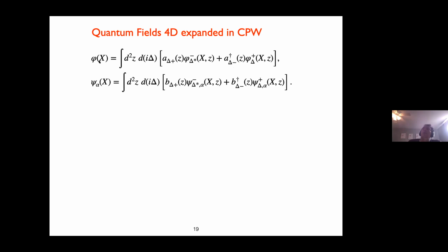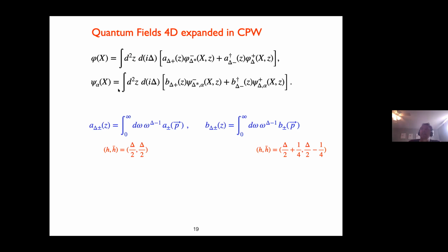So when we expand this field in terms of conformal primary wave functions, we find oscillators A and A dagger, or the same thing for the fermions, B and B dagger, which basically create or annihilate states with specific conformal dimension under the global SL(2,C) on the celestial sphere. So they basically create or annihilate specific wave packets. They create specific states that have nice conformal properties.